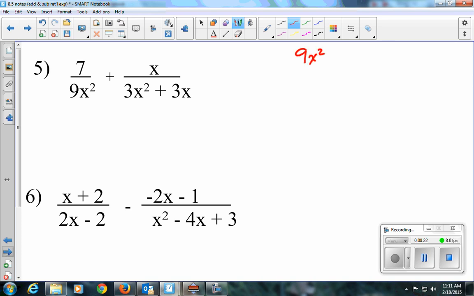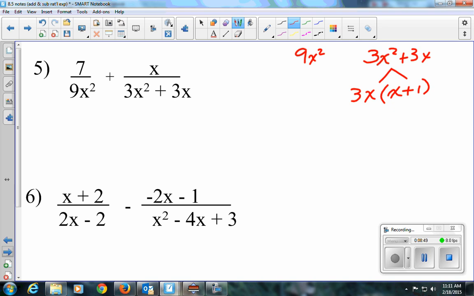I'm going to leave the 9x squared alone for just a minute, and I'm going to write 3x squared plus 3x. But let's factor the second one first. 3x squared plus 3x. What's the greatest common factor? 3x. When we factor it, say 3x times x plus 1.